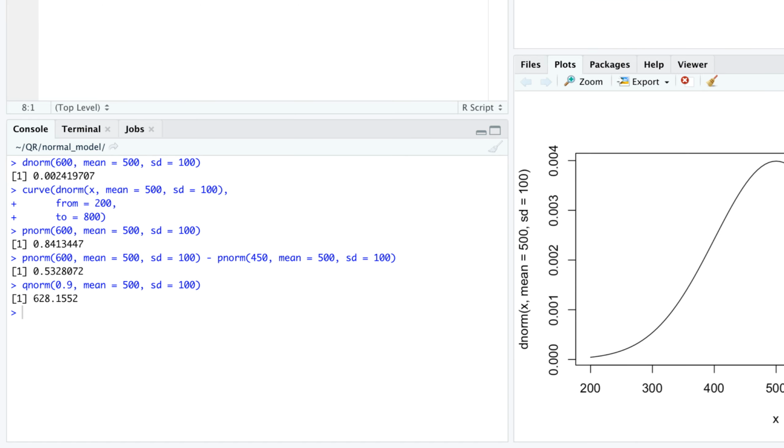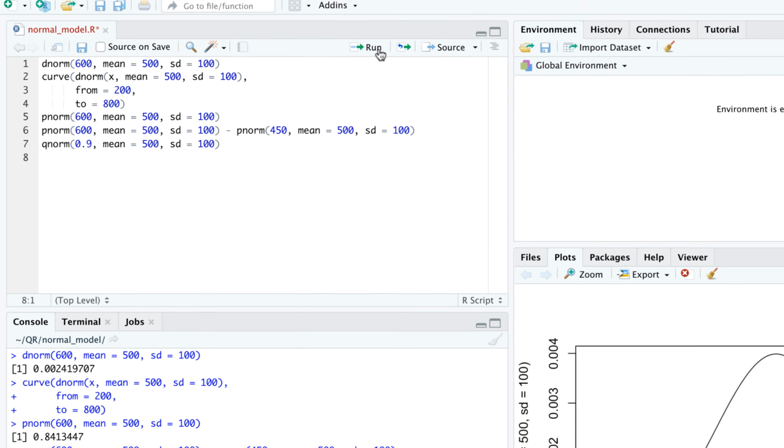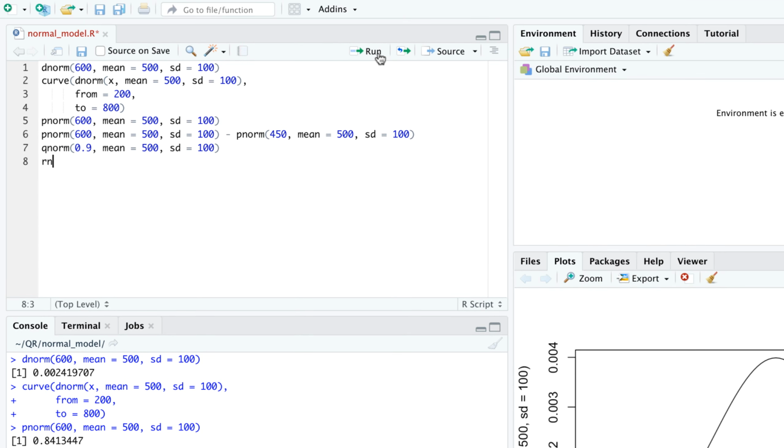Sometimes it's useful to generate random numbers that match the normal model. For example, we may want to confirm a mathematical result with simulations. In R, we generate normally distributed random numbers with rnorm. Here is a vector containing 10 random numbers generated by a normal model with mean 500 and standard deviation 100: rnorm(10, mean = 500, sd = 100).